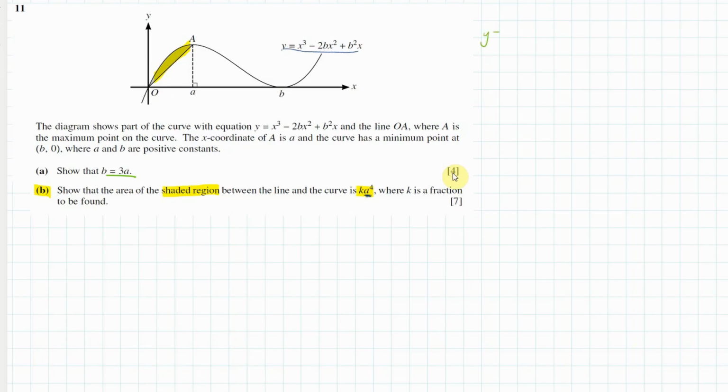So I say we can write y is equal to x cubed minus, now b is 3a, so that would be minus 6a x squared plus, and we know that b squared is going to be 3a squared, so that would be 9a squared x.